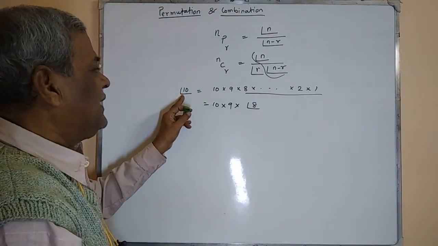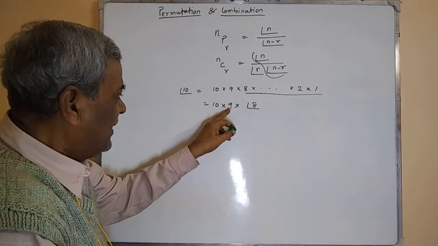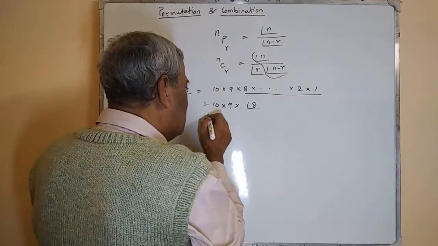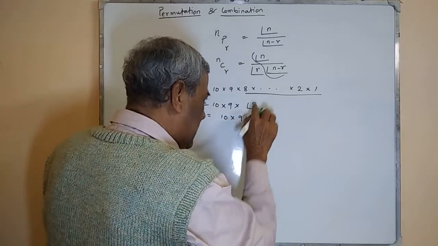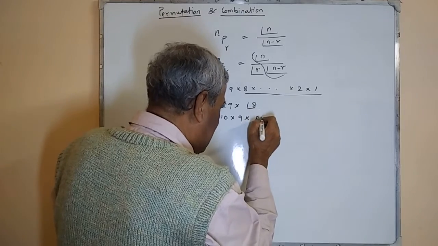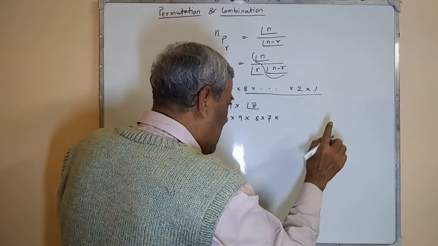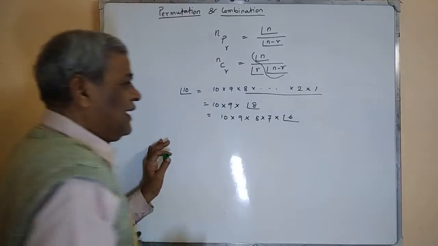So factorial 10 can be written as 10 into the next integer 9 into factorial of the next. Again, it can be simplified as 10 into 9 into factorial 8, and factorial 8 is 8 into 7 into 6, 5, up to 1, factorial 6.